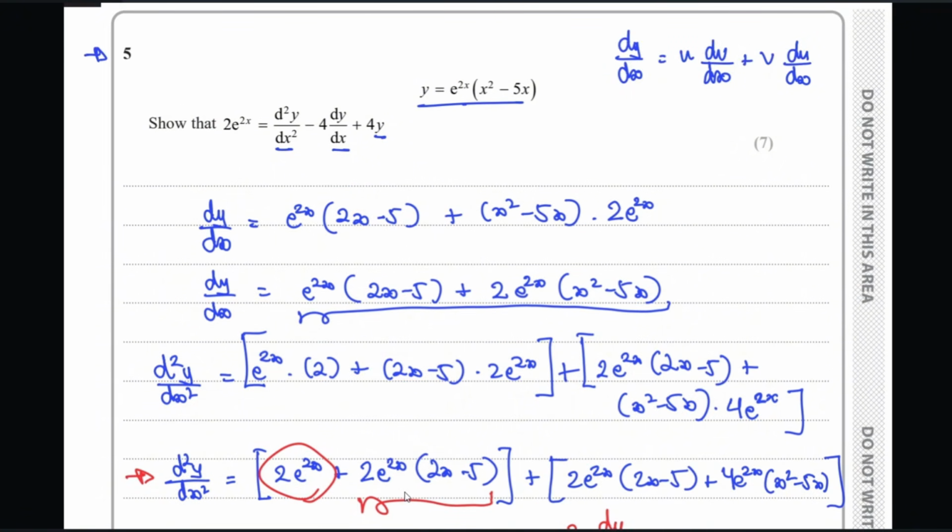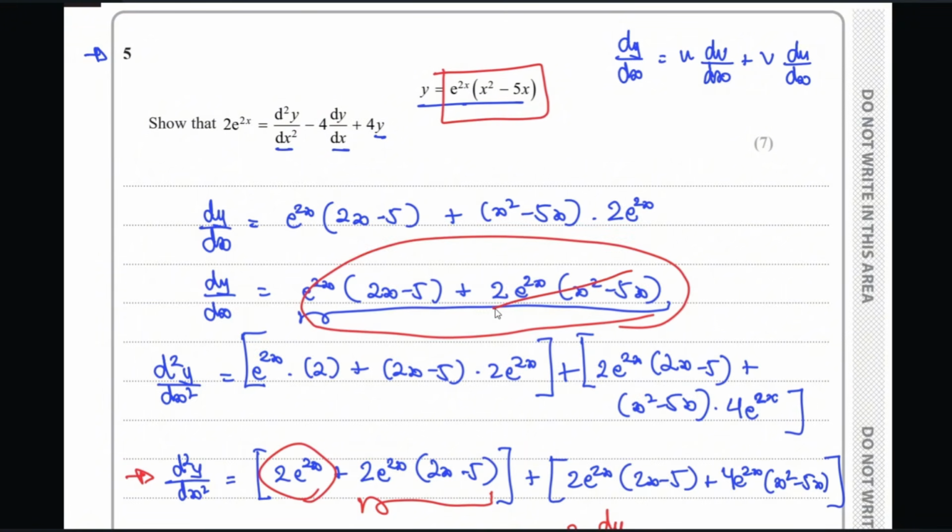So 2 times e to the power 2x times 2x minus 5. If you think carefully, it can be obtained if we subtract y from dy over dx. Not only y, actually 2 times y. If 2y is subtracted from dy over dx, this term is gone, and we'll have e to the power 2x times 2x minus 5.